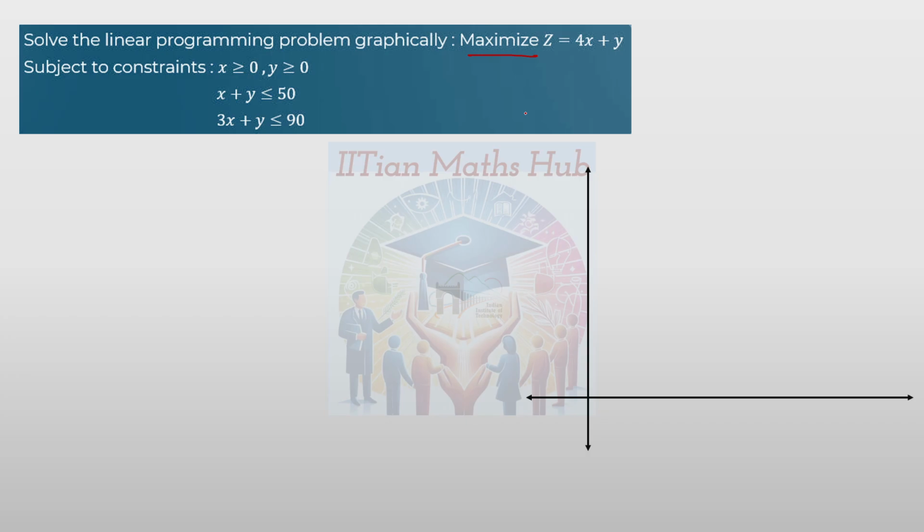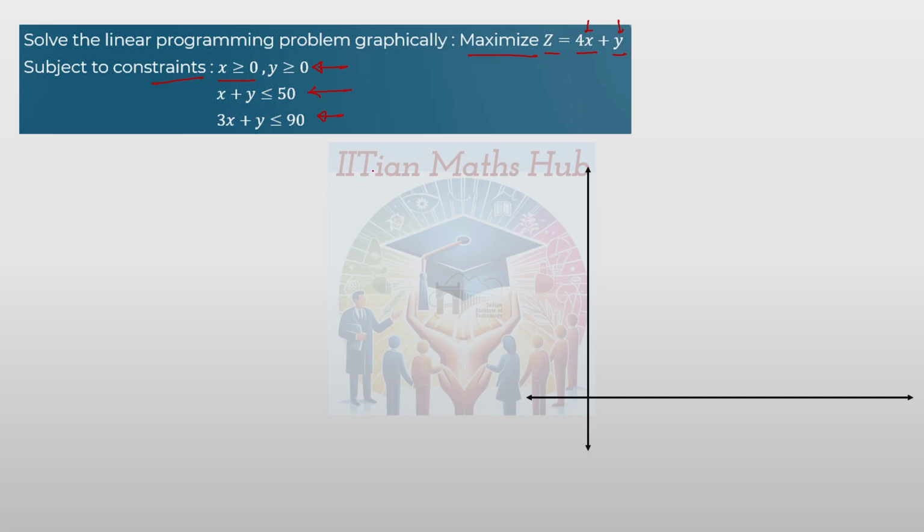Here we have maximize z equal to 4x plus y. What are x and y? x and y are the variables. Subject to constraints: x cannot be negative. x may be 0 or greater than 0, but it cannot be negative. Similar is the case for y. So these are the constraints, and these are linear inequalities actually, not equations.